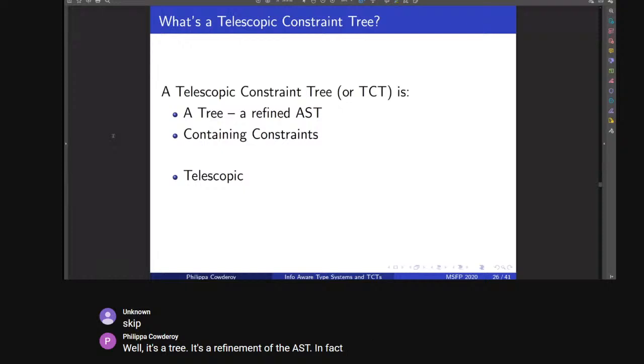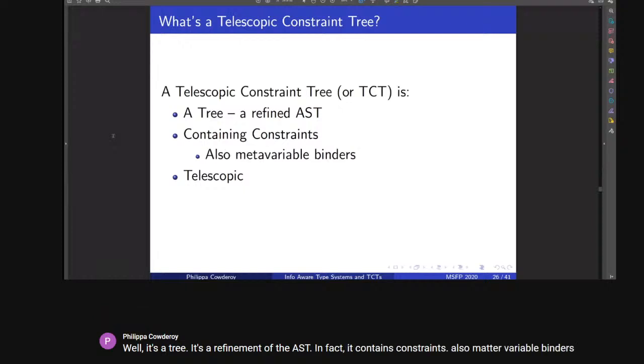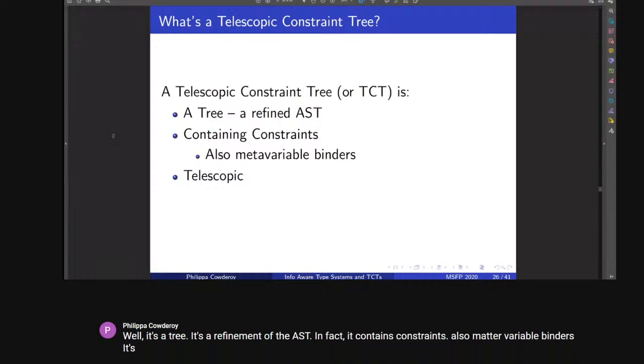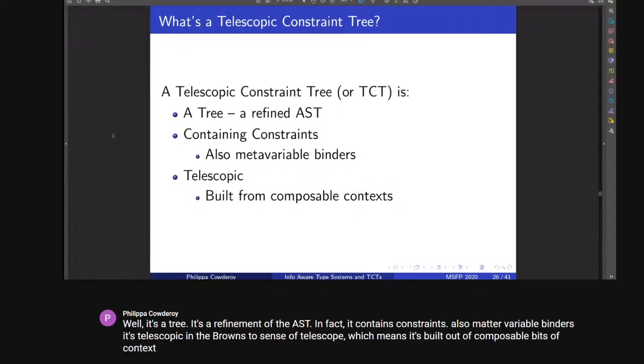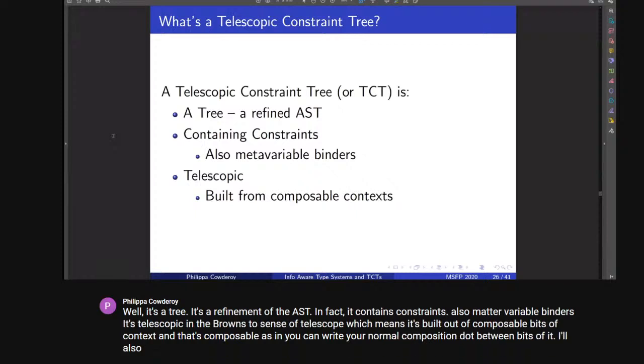It contains constraints, also metavariable binders. It's telescopic in de Bruijn's sense of telescope, which means it's built out of composable bits of context. And that's composable as in you can write your normal composition dot between bits of it. I'll also sometimes refer to telescopic constraint trees as TCTs for short.